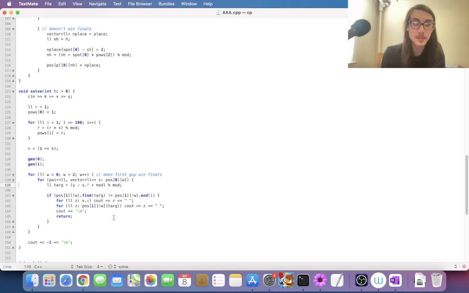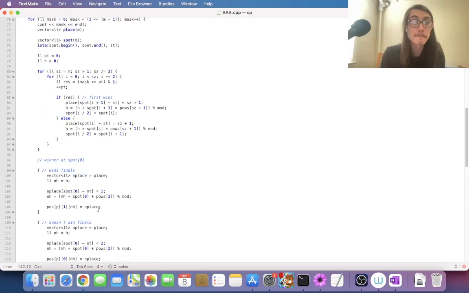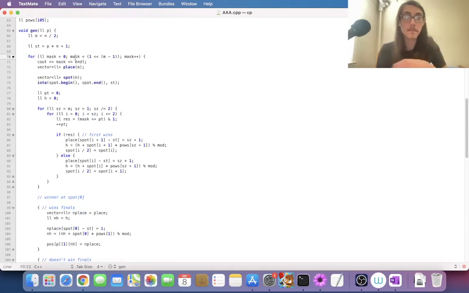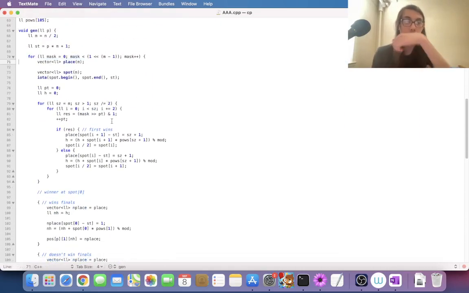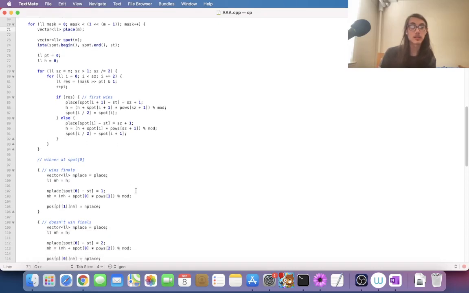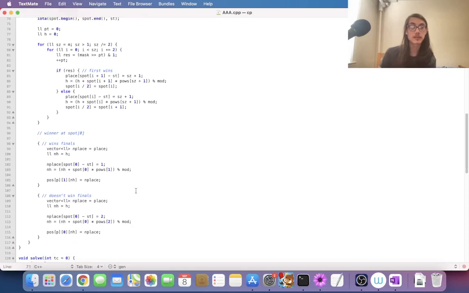In any case, let's just make sure this works. Print the stuff, find the target. Starting from size from M to 1. Then spot I plus 1 minus start, the index. Add that to the hash. Continue on. Same thing here. Say win finals, then that's fine.